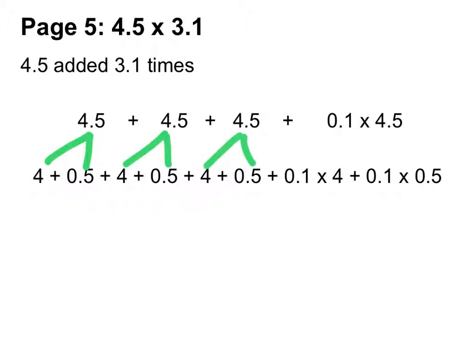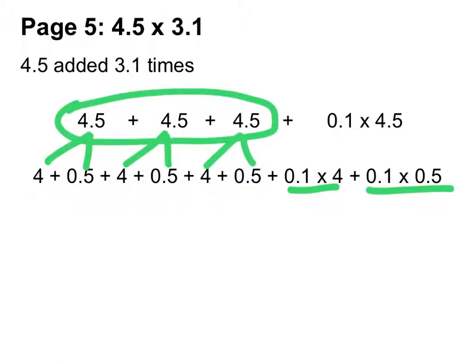And here is 1/10 of 4 and 1/10 of the 0.5. So again, this is breaking it up. So if I'm adding 4.5 3 and 1/10 times, there's my 4.5 plus 4.5 plus 4.5. So that's 3 times. Well, then I need another 1/10 of a time. So I'm going to tag that on the end.